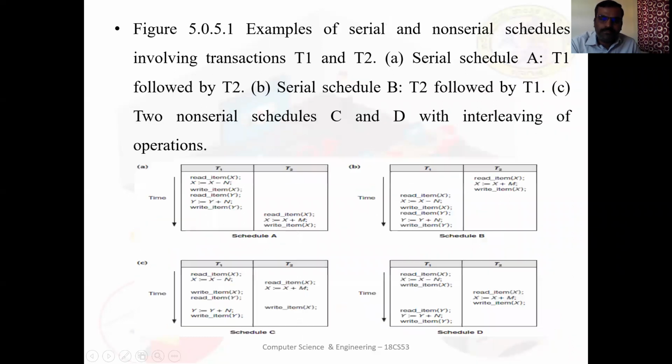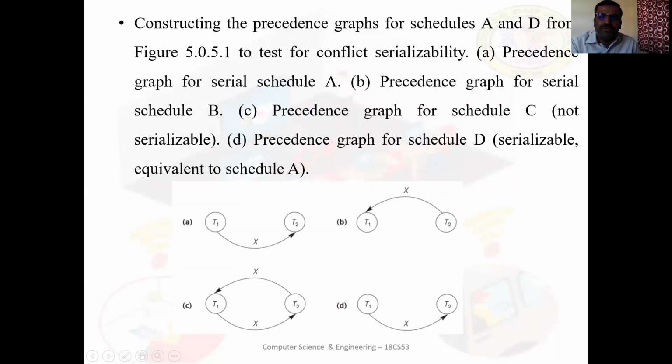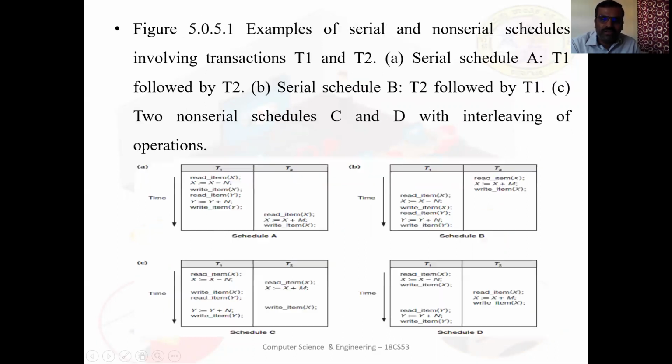For D, the precedence graph for schedule D is serializable, equivalent to schedule A. Why is it serializable? There are interleaving operations here, but reading different items, not the same item.